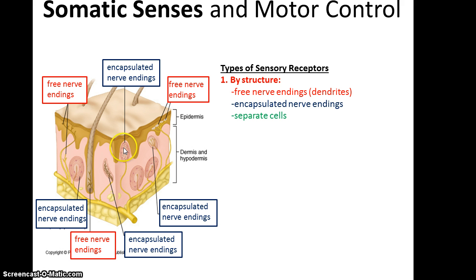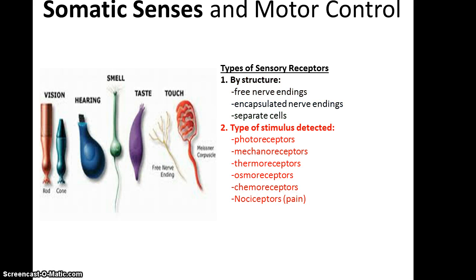Here again you have the dendrites of the neuron that is in this case wrapped around by layers of connective tissue. And it's these dendrites that then send the signal through that same neuron to then take it to the central nervous system. And then the third way is by a separate cell that acts as the receptor that then passes the signal on to the sensory neuron.